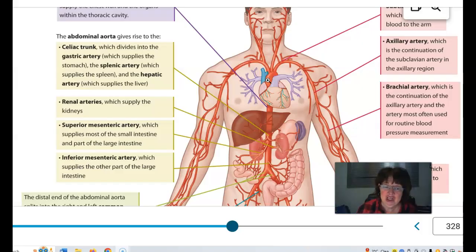So I will make sure if I do give you any abdominal arteries, they will have the organ attached. So the liver is hepatic. So the one that goes to the liver is the hepatic artery. The one that goes to the spleen, splenic artery. The one that goes to the stomach, gastric artery. Okay. Then kidneys are renal. So that's the renal artery.